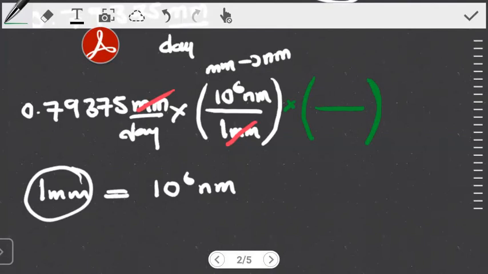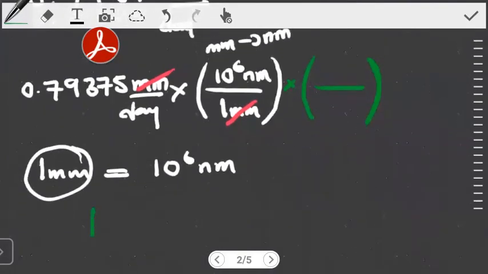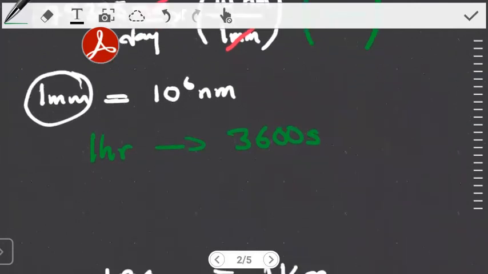Now, if you know that in every 1 hour you have 3,600 seconds. Here, I'm assuming you already know this, but it is easy to look at. All you have to remember, maybe start from there, is that in every 1 minute you have 60 seconds.